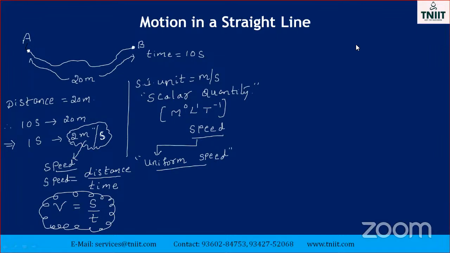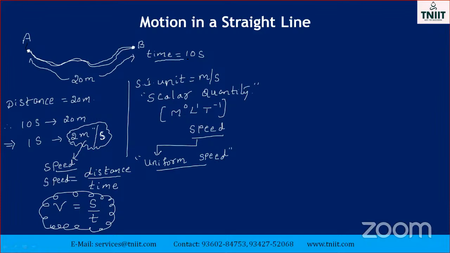Now look at this. The body has traveled from A to B. It has covered a total path length of how much? 20 meter.